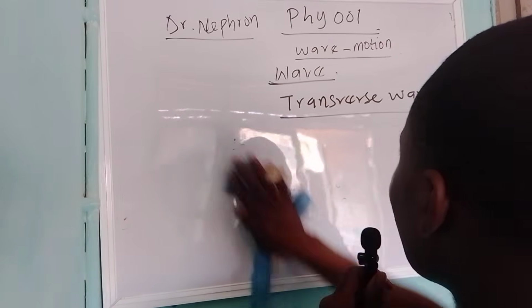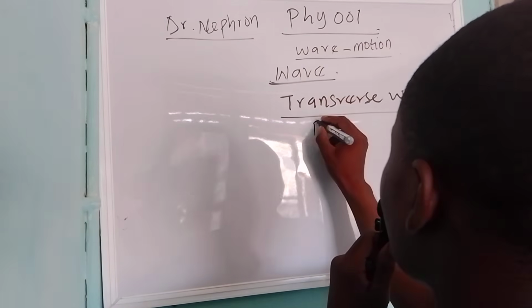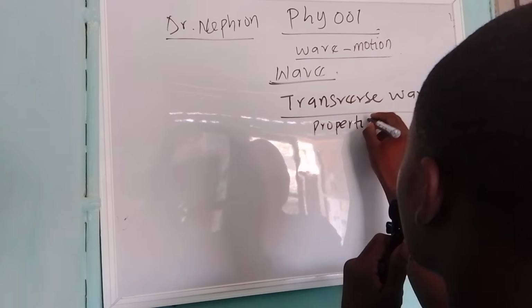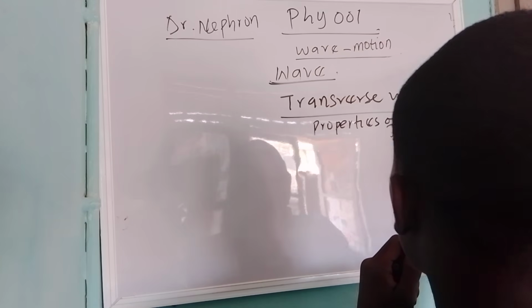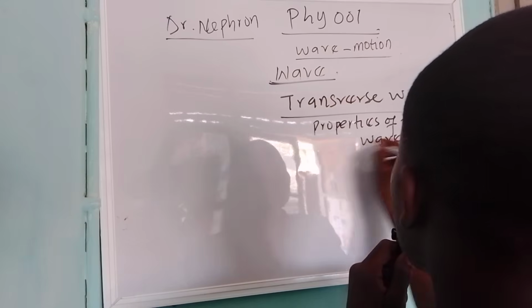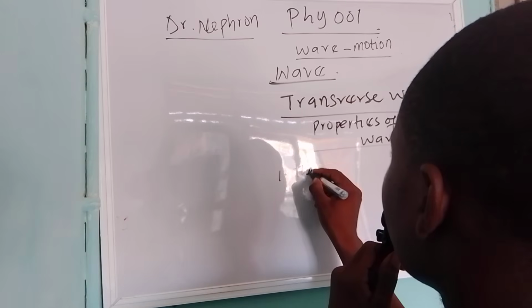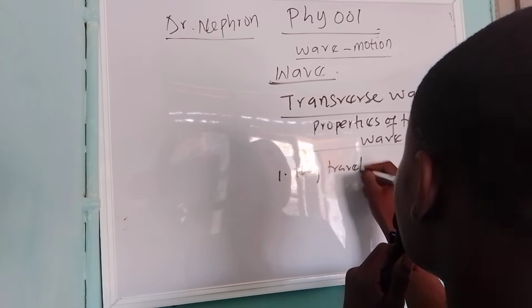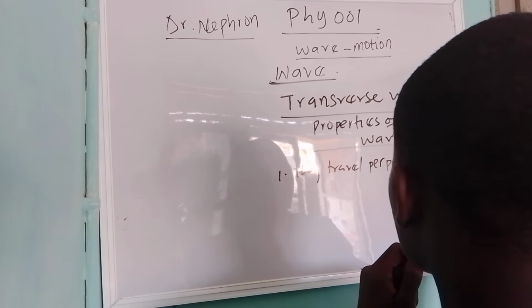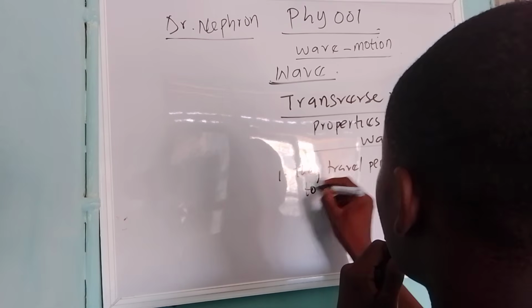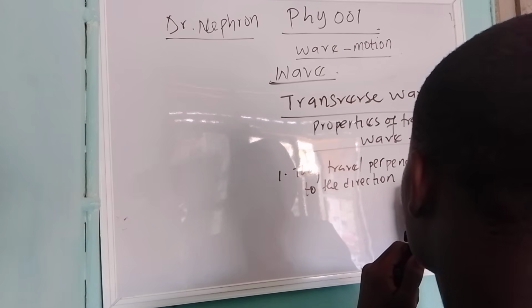What are the properties of transverse wave? Number one, they travel perpendicular to the direction of the medium.